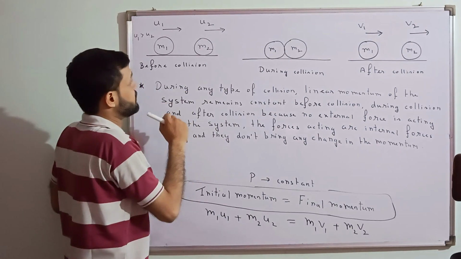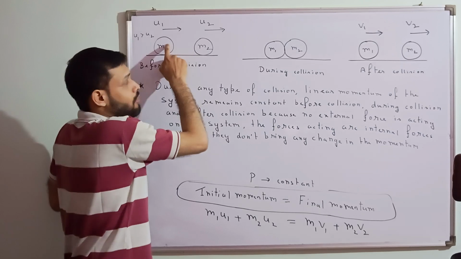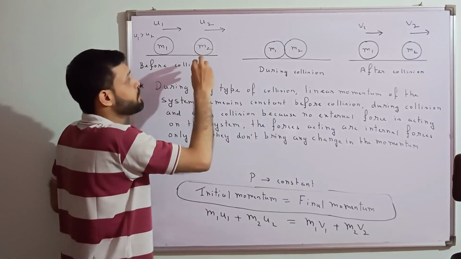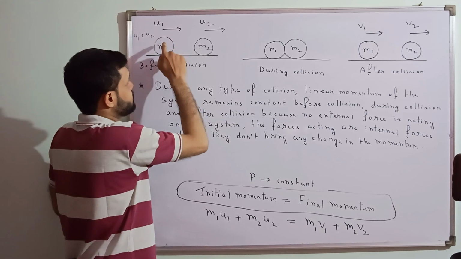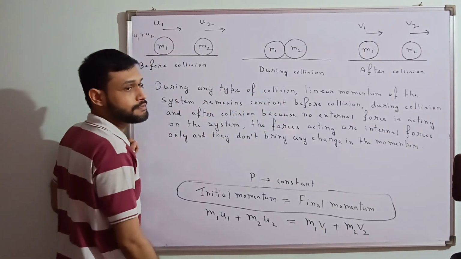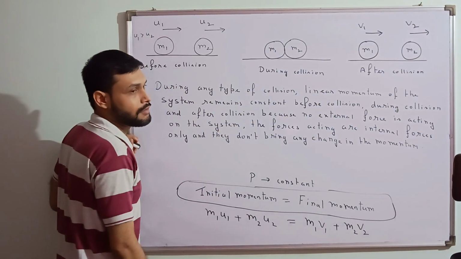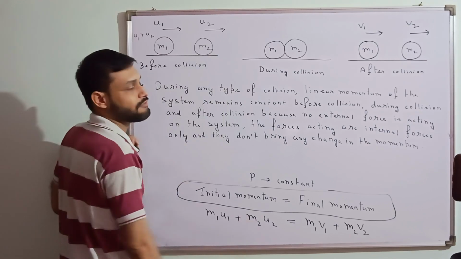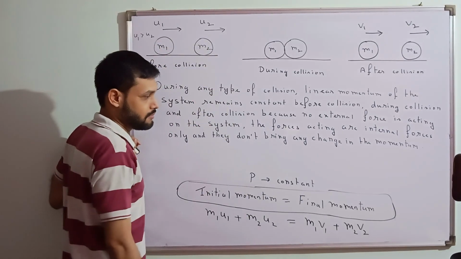If I ask you the momentum of this m1, do you think the momentum of m1 is conserved before collision, during collision, or after collision? Or is it the momentum of the whole system which remains conserved, or the momentum of one particle?